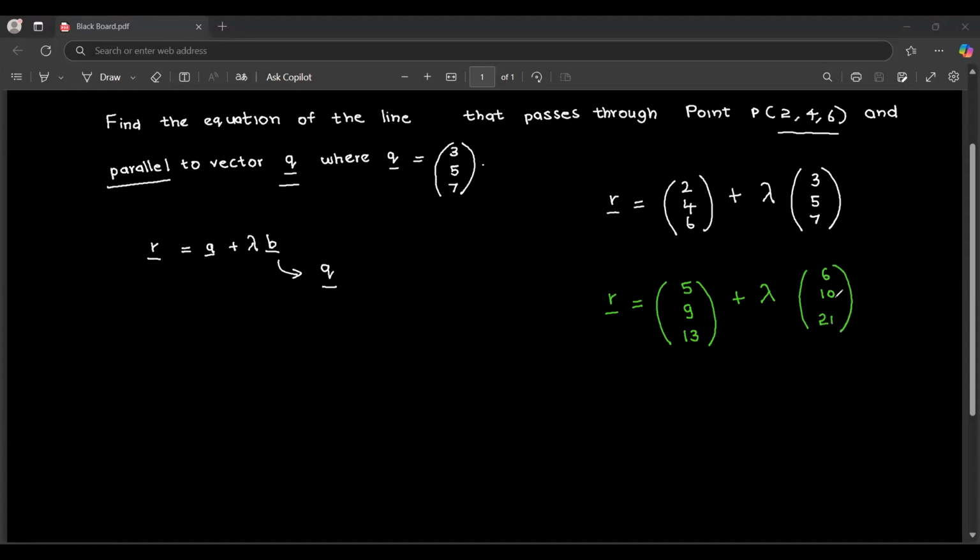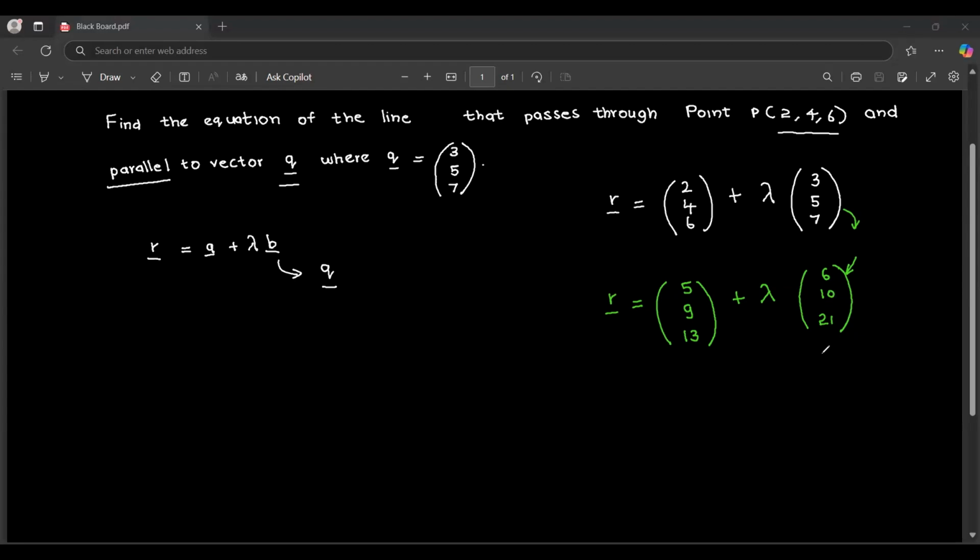It doesn't matter as long as this is a multiple of the direction vector, because a multiple means the scalar product, and the direction must be equal to the direction vector given.